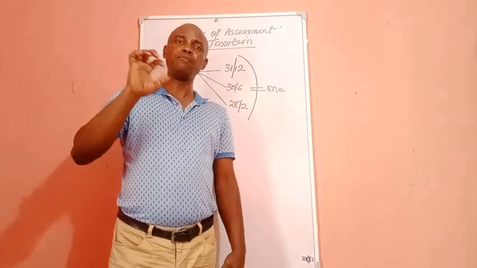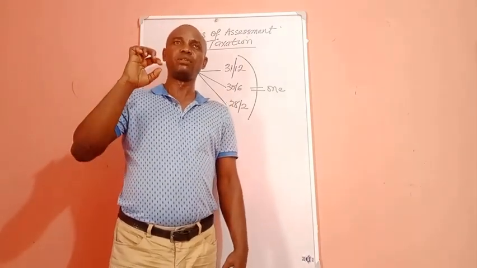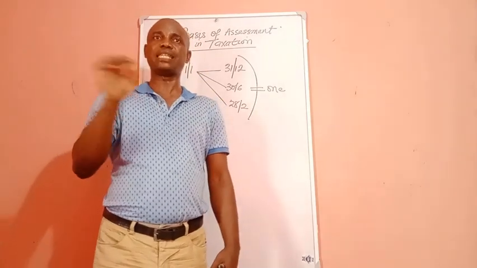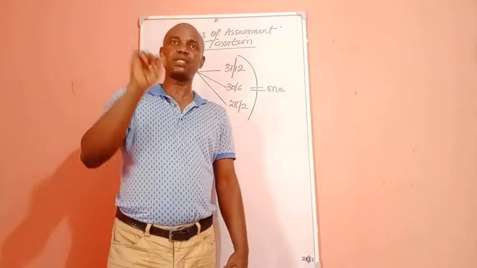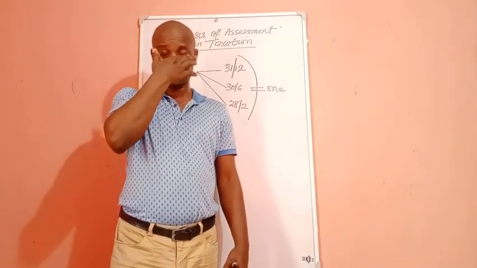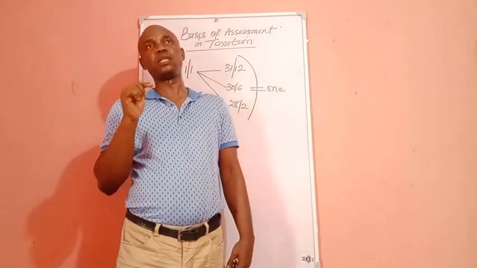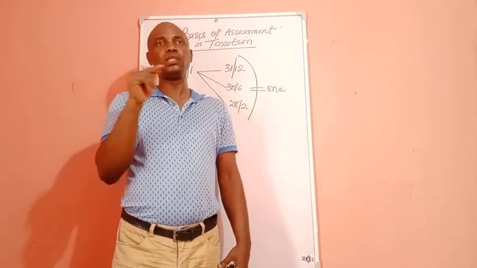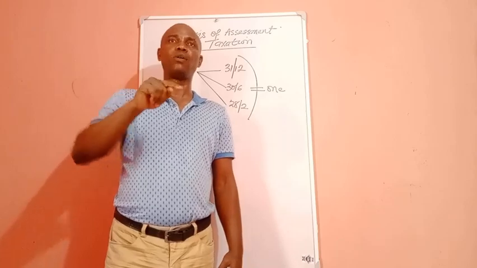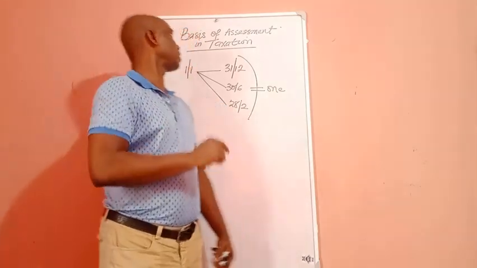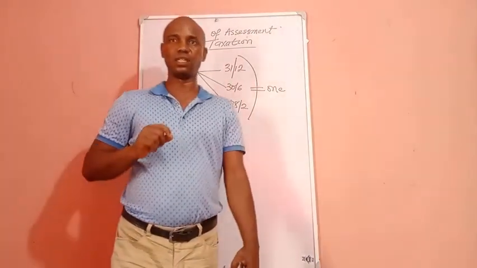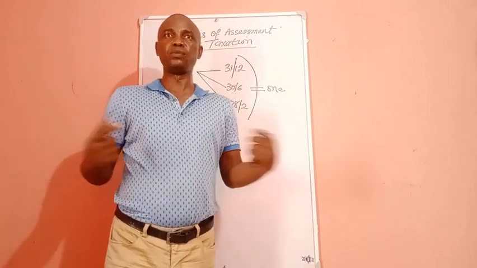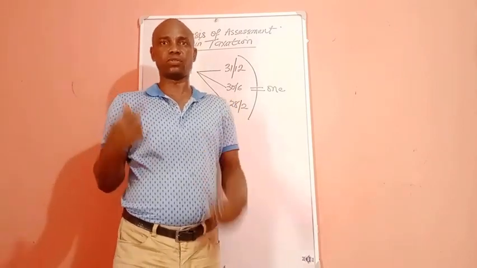Because if you make the mistake of reading a wrong date, automatically the figure, the assessment will be wrong. Yes. So that is why I want to take my time now to teach my students how to work with dates under basis of assessment. It will be easier for us to carry out other analysis associated with this.